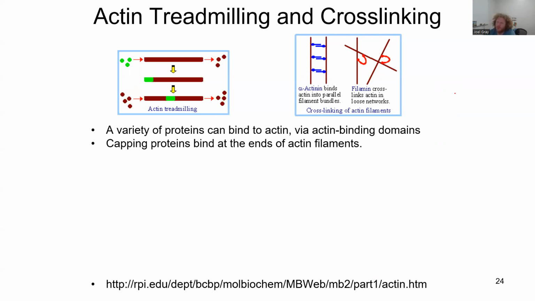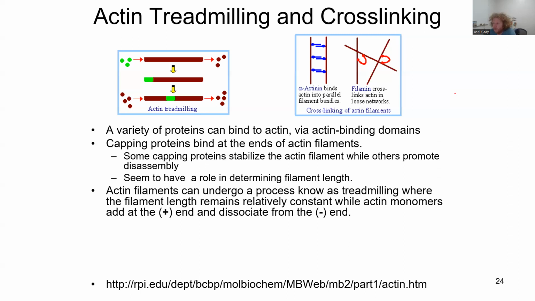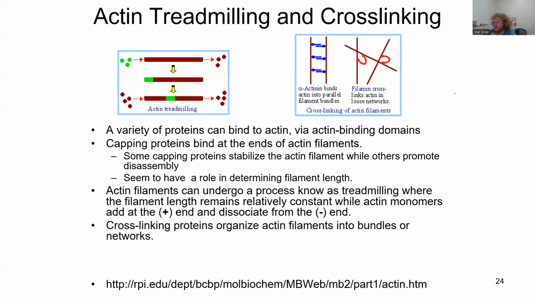A variety of proteins can bind actin and basically be migrated from one part of the cell to another part of the cell, treating actin, I don't know if I would say as a treadmill, but maybe more of a road of sorts. So actin filaments can undergo a process known as treadmilling, where the filament length remains relatively constant, while the actin monomers add at the plus end and dissociate from the negative end.